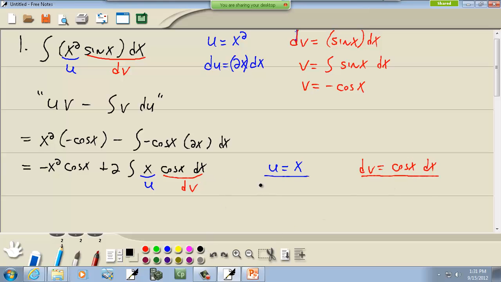Okay, so now we need du, the derivative of u. The derivative of x is 1, and then we add on a dx. Now to find v, we take the integral of cosine x dx, and the integral of cosine x is sine x.